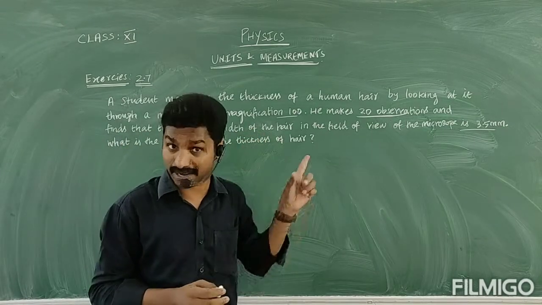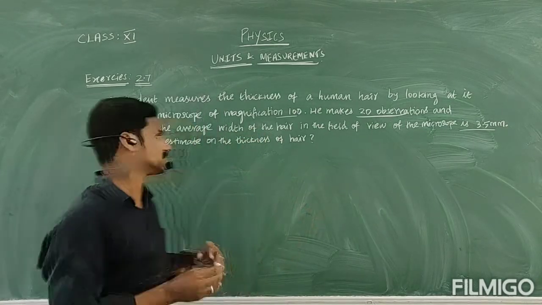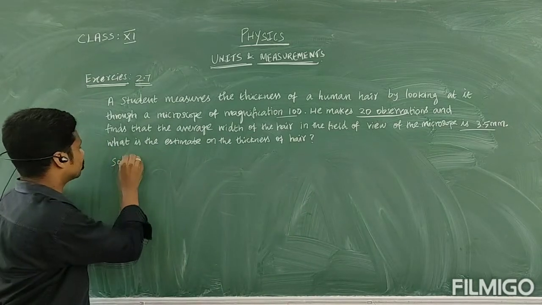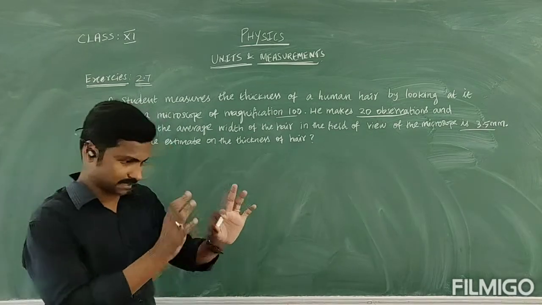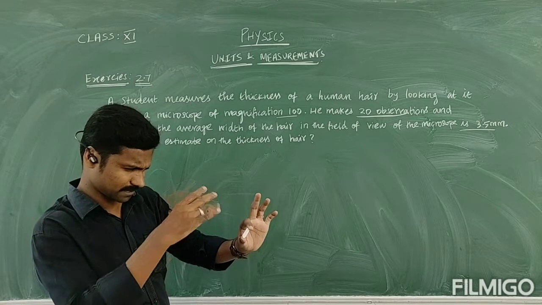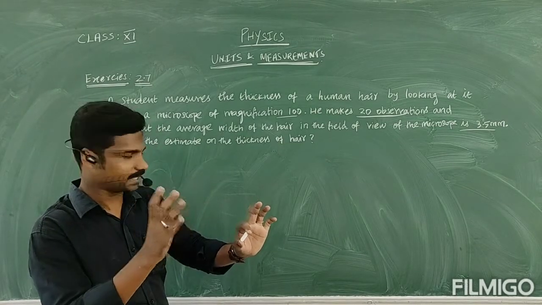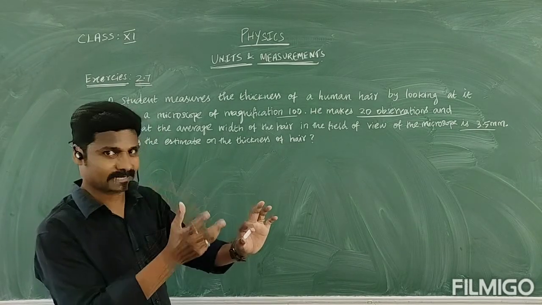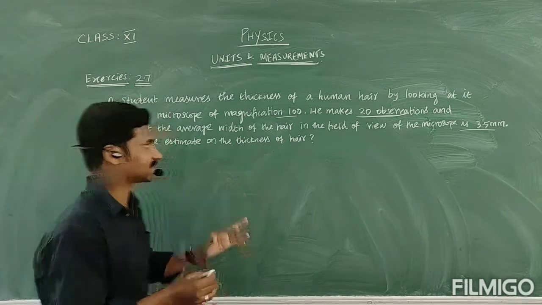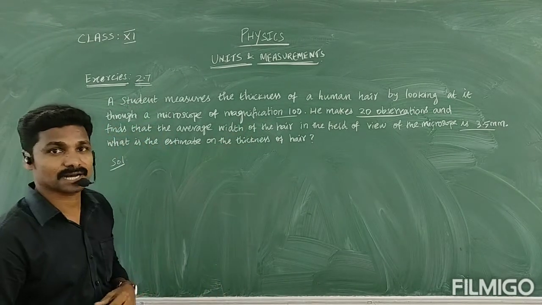The magnification value is given. There is no complicated solution, it is very simple. So this is the hair, he observed the reading 20 times with the magnification. The magnification is 100 times.